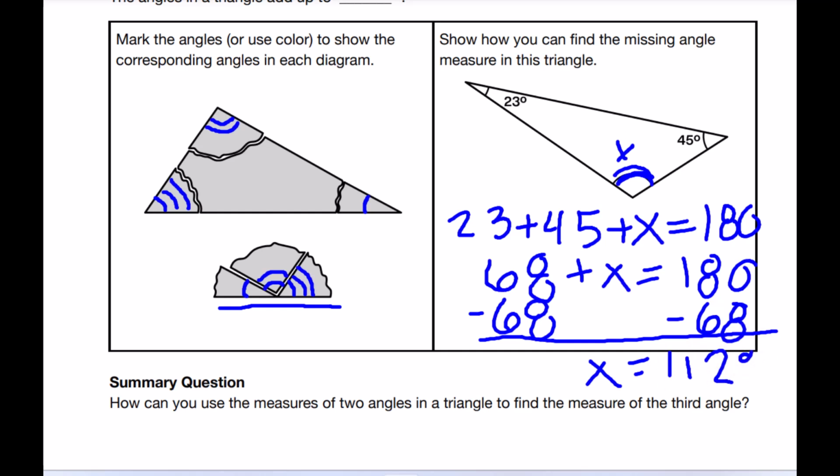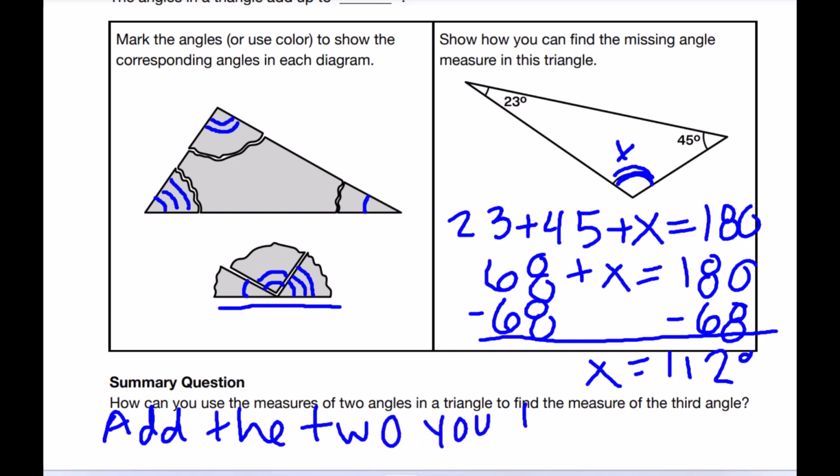So how can you use the measures of two angles in a triangle to find the measure of the third? You can add the two you know, and subtract from 180.